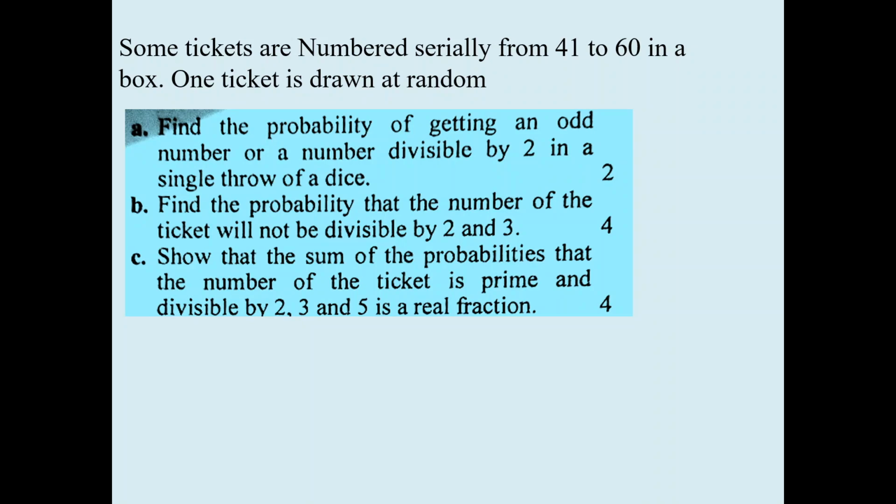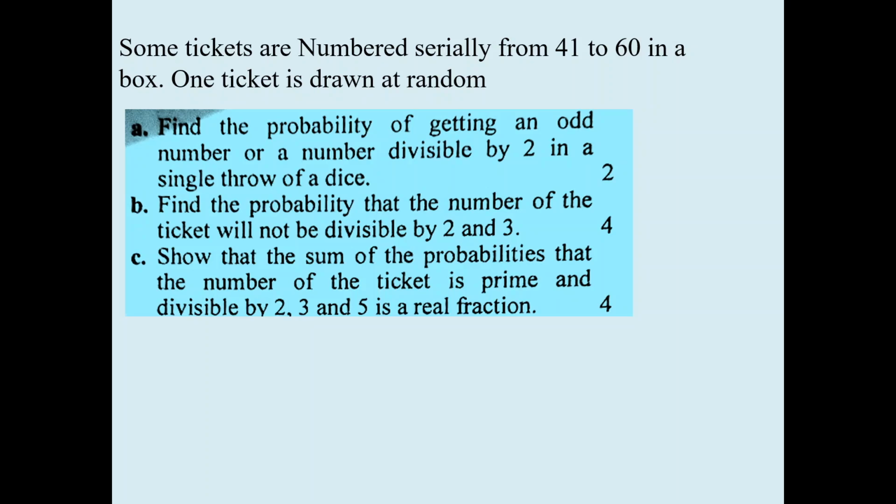Question B. Find the probability that the number of the ticket will not be divisible by 2 and 3. C. Show that the sum of the probabilities that the number of the ticket is prime and divisible by 2, 3 and 5 is a real fraction.